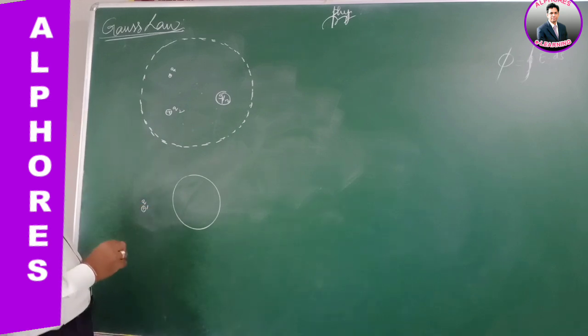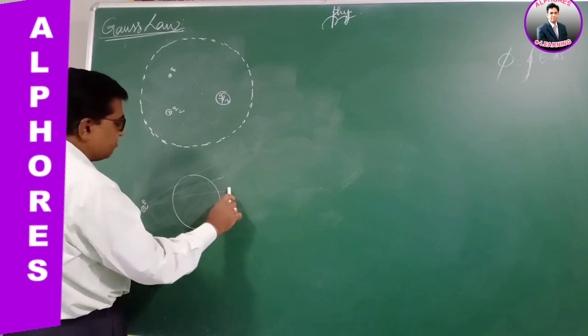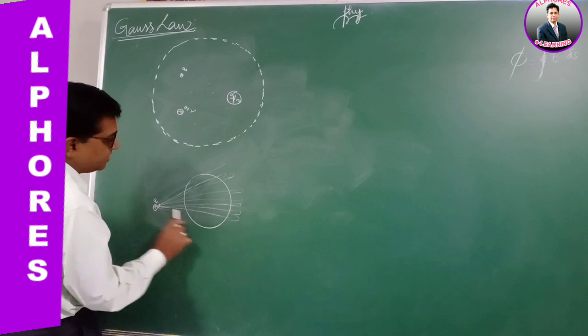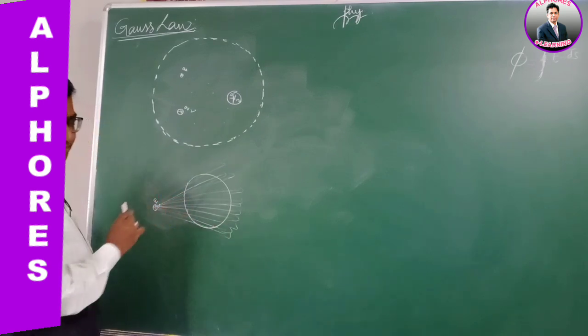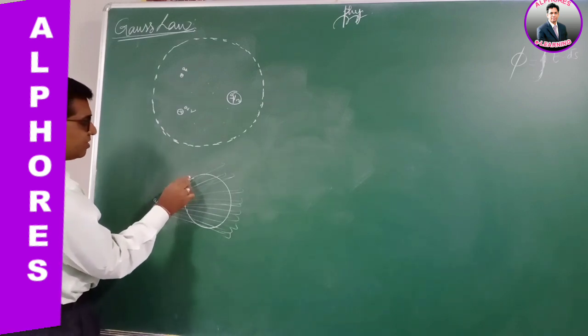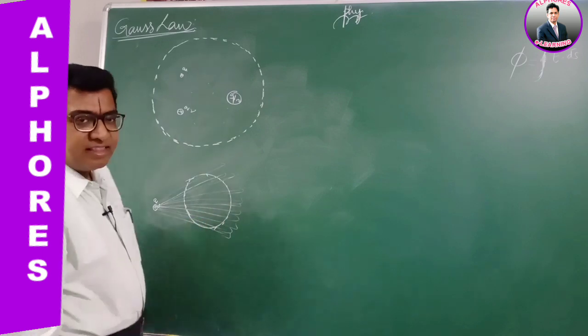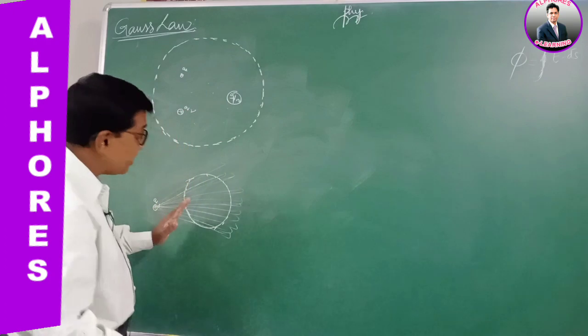The lines of force produced by this charge enter the surface at one side and leave the surface on the other side. The net flux is zero when the charge is outside.